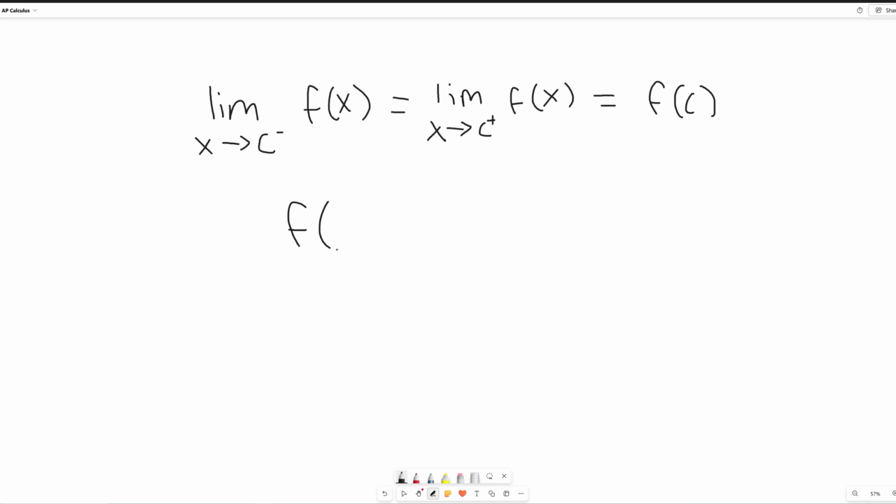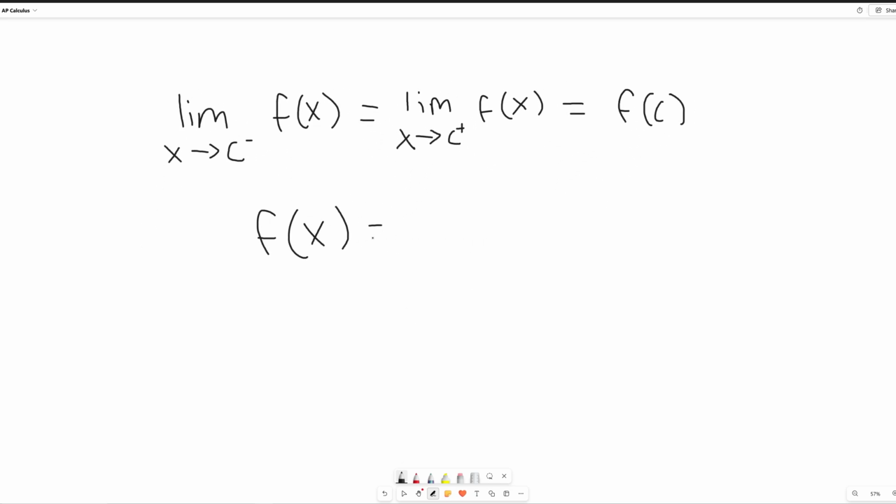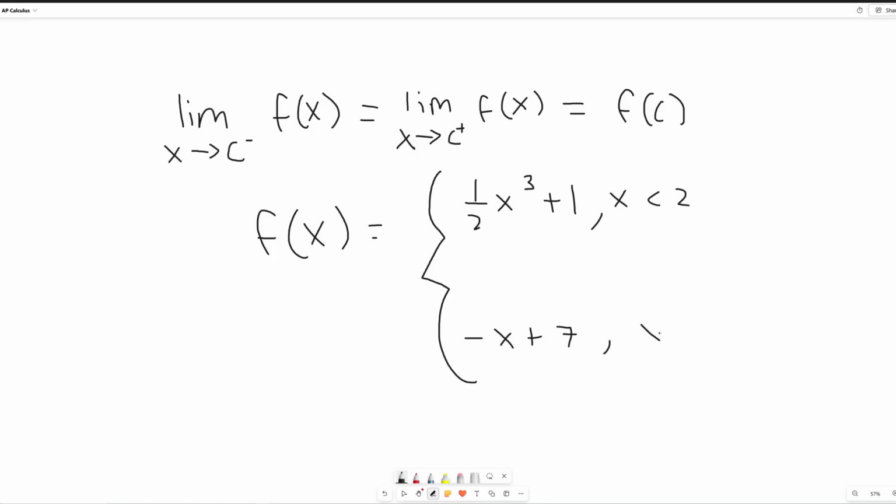So if I take that same function with 1/2 x cubed plus 1 for x less than 2, and then negative x plus 7 for x greater than 2, and I define the function as 9 at x equals 2, the function is not continuous.